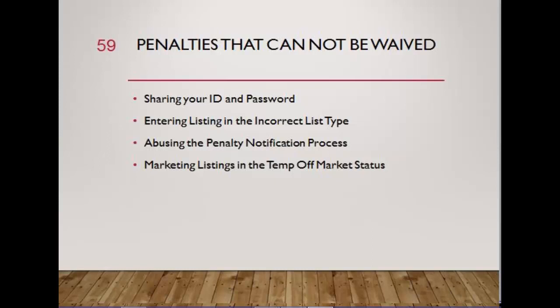Exclusive agency listings include those where the seller has the right to sell it on their own. Everyone needs to know walking through the door that the homeowner has the right to find their own buyer and no commissions paid. Also, abusing the penalty notification process cannot be waived.